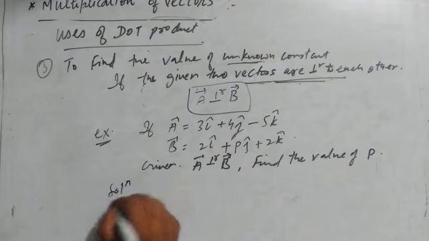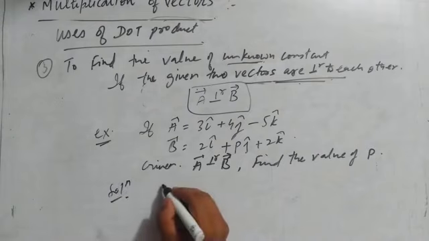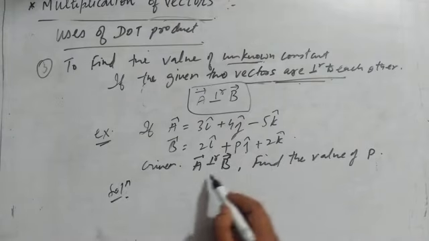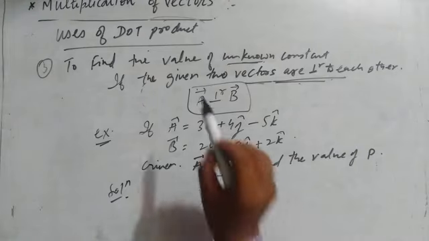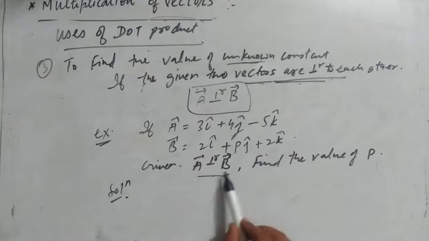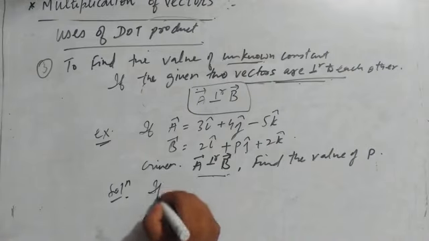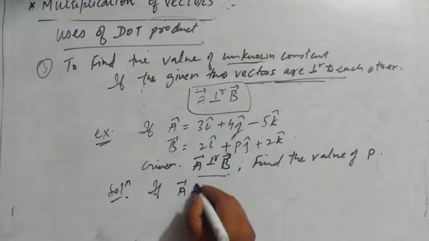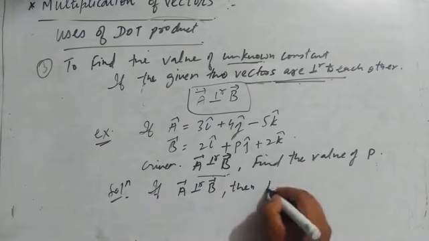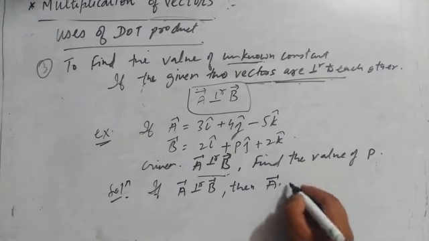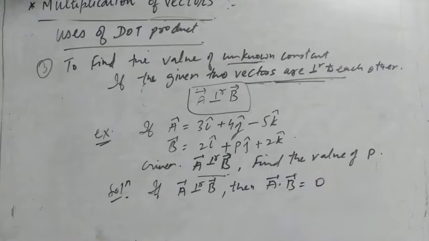Solution: we are given A vector perpendicular to B vector, and in the earlier case we have studied that if the given two vectors are perpendicular to each other, then their dot product is equal to 0. So if A vector perpendicular to B vector, then A vector dot B vector equal to 0.